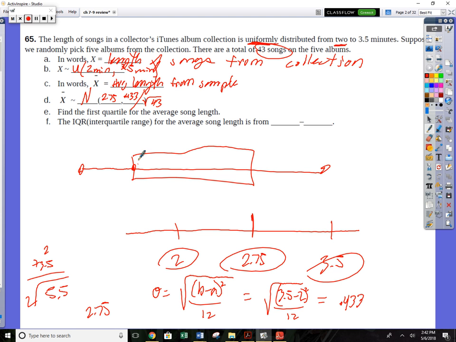This is quartile 1, this is quartile 2, which is the median, and this is quartile 3. So 25% of your population lives in each section. This is the dead middle, the median. Half of them are below, half of them are above. So for the first quartile, here's what we're going to do. Okay, we've got to go to the calculator.